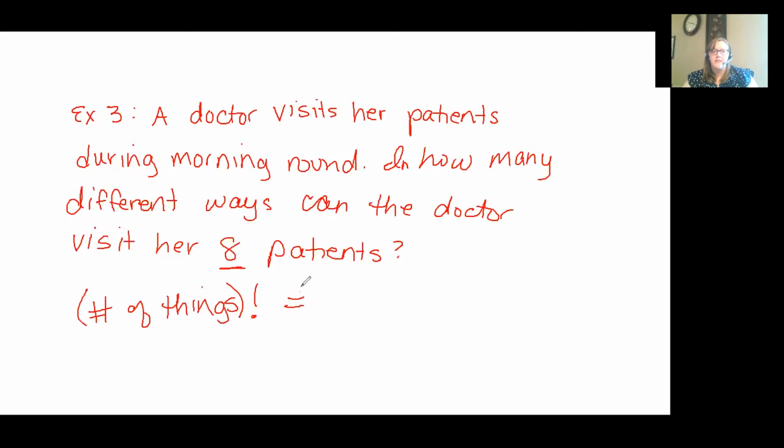So in this case, the number of ways that she can visit her 8 patients is 8 factorial, which is equal to 40,320, which is insanity. I'm going to double check that because that sounds very suspicious. That's really high. Nope, that's all right. Double checked on my calculator. 40,320 ways.